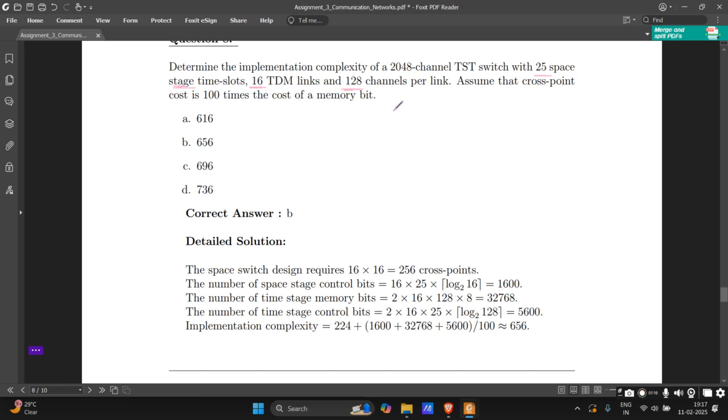So the input is 16, so N is simply 16, K is 25 and C is 128. So number of cross points is 16 square, 256. Here you only have one space switch in TST, so there is no 2 here.